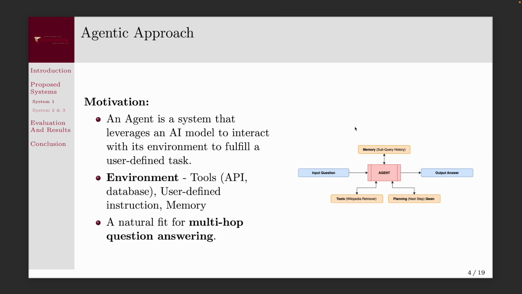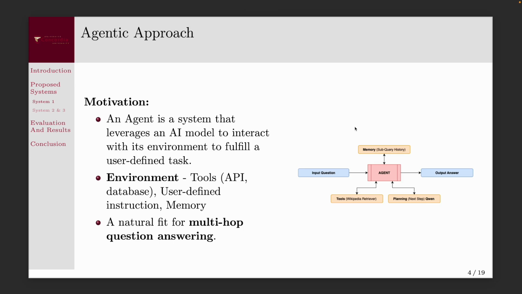Tools are functions that can make an API call or query a database and much more. The user-defined instruction is basically a prompt that the user provides to the agentic framework to complete a specific task. And the memory is the history of interaction with the environment of the agentic framework.